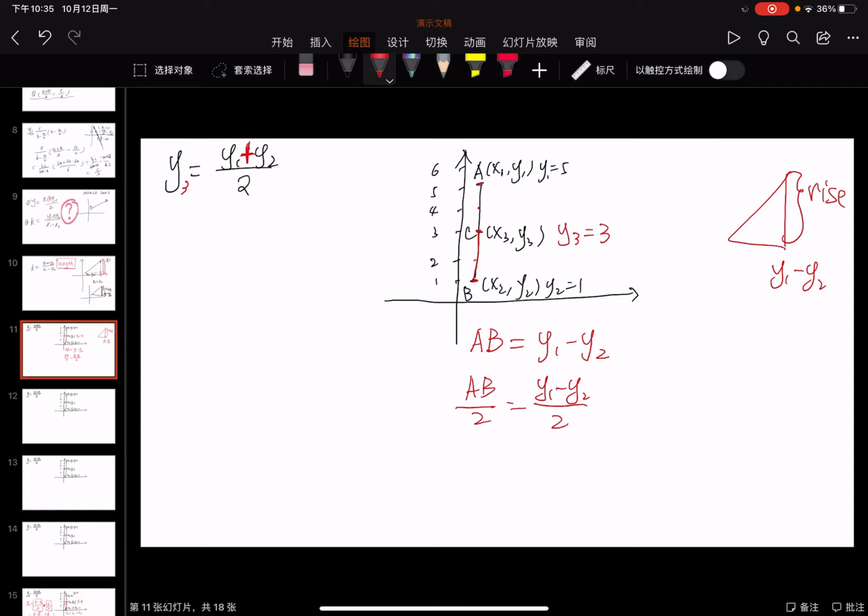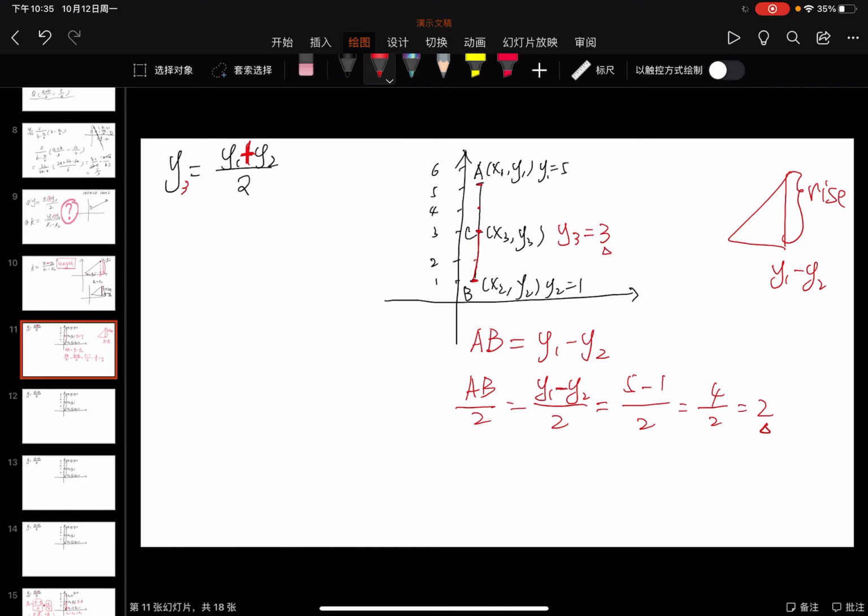So here we can see there's a minus. However, why can't we use it? Why do we have the plus here? When we check this case, let's sub those numbers in. It is 5 minus 1 over 2, which is 4 over 2, which is 2. So you see, here is 2, but here we got 3.